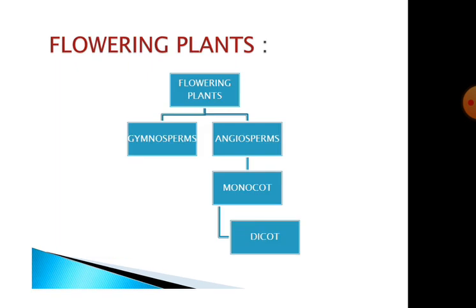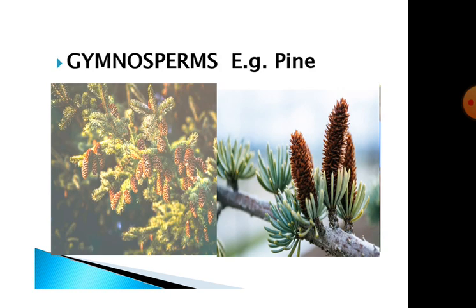Flowering plants. The flowering plants are classified into gymnosperms and angiosperms. And angiosperms are further classified into monocot and dicot. The flowering plants that bear seeds but no fruits are called gymnosperms. Example, pine. The seed is not covered within a fleshy covering.